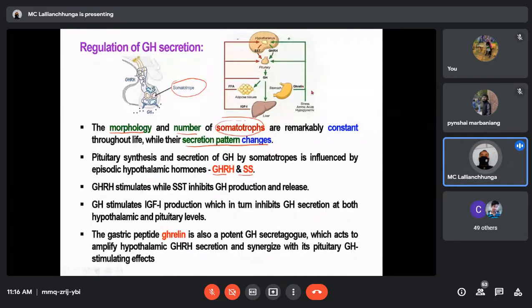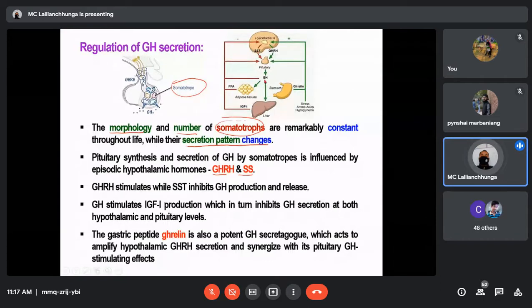All these factors will lead to more production of GHRH or directly more production of growth hormone. So the growth hormone will be secreted because of the effect of ghrelin, stress, amino acids such as arginine, and hypoglycemia. This will increase the secretion of GH.